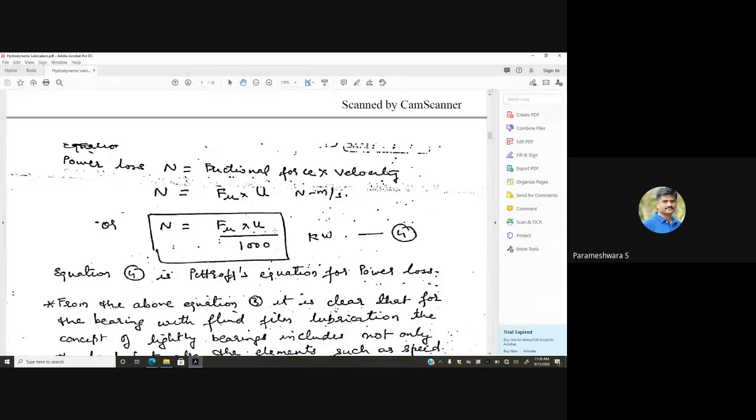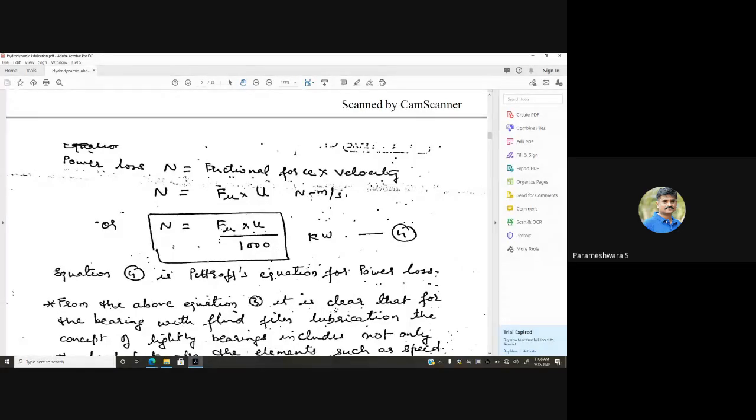So the power input may not be equal to the power output, so you have to calculate the power loss. To calculate it, one simple formula is available: power loss N is equal to frictional force into velocity. What is the unit of force? Newton. What is the unit of velocity? Meters per second.